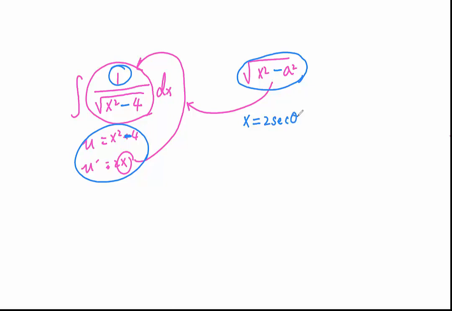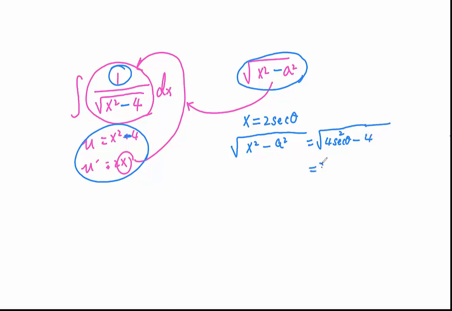If you follow the table, you're going to know that after you open the square root, let me just do it. That's going to be x squared minus a squared. So I substitute in. That's going to be 4 secant squared minus 4.